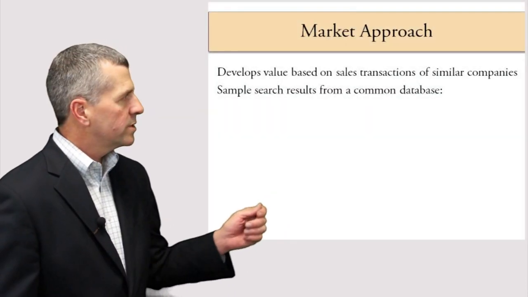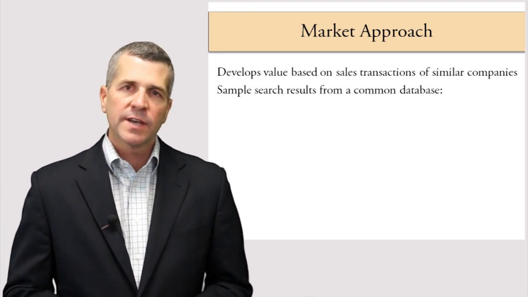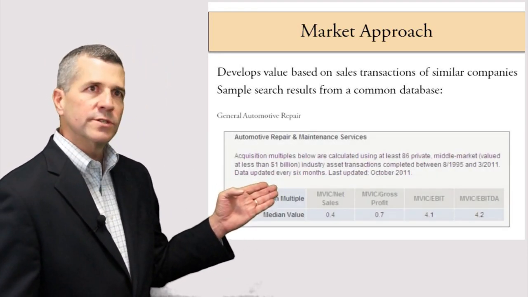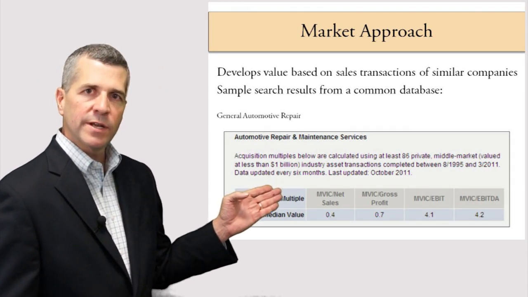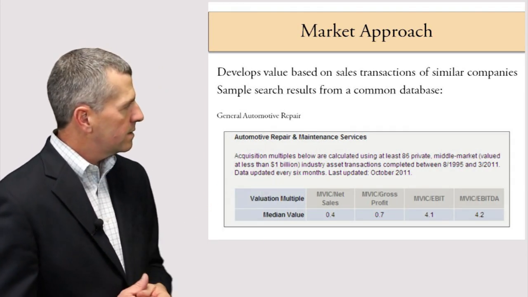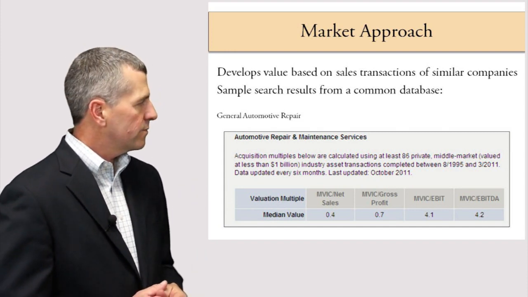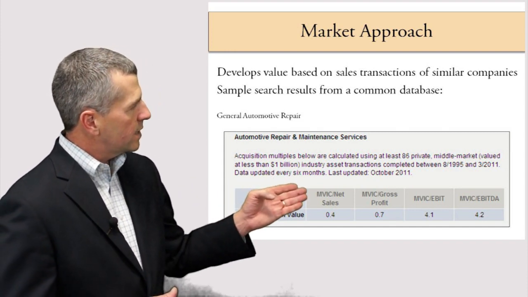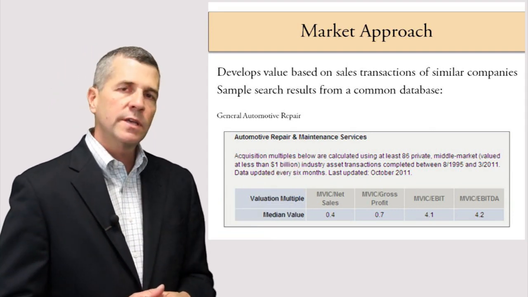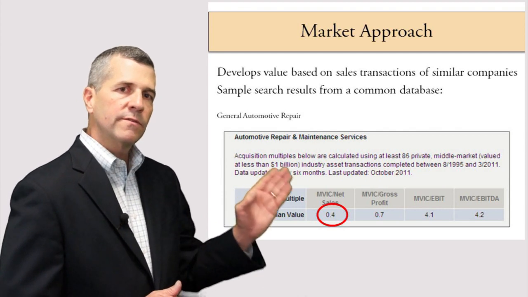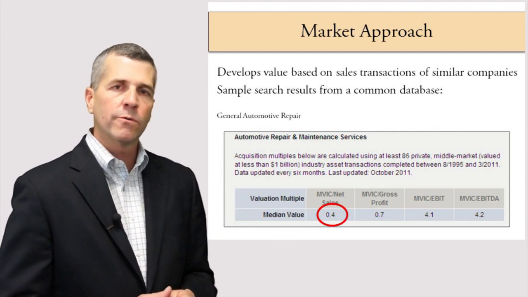Under the market approach, we develop a value based on sales transactions of similar companies. Here are the search results from a common database that we use. This example happens to be automotive repair and maintenance services. What this tells us is, when you see MVIC divided by sales, that sales price divided by sales is 0.4, or 40%.